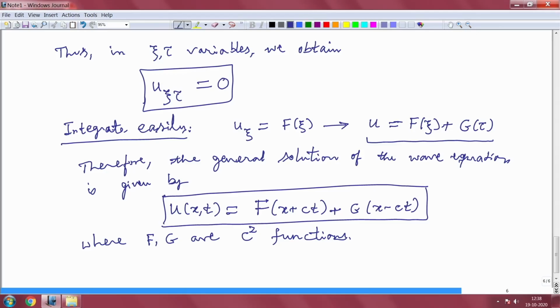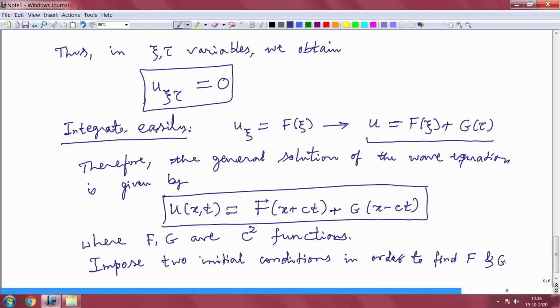Imposing two initial conditions in order to find f and g will lead to D'Alembert's formula, which we will take up in the next class.